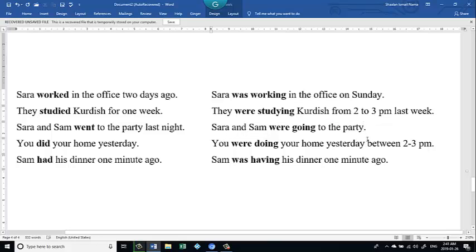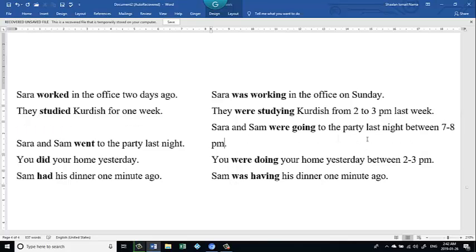Here I don't need to add an adverb of time, but if we add it, it's going to be stronger. Sarah and Sam were going to the party last night. Maybe you could say between 7 to 8 p.m.